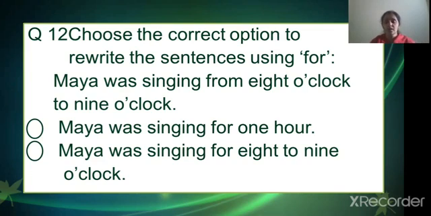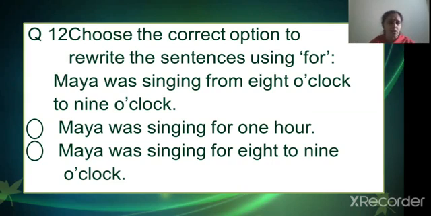So, the options are: Maya was singing for 1 hour. Right? 8 o'clock to 9 o'clock. How many hours? 1 hour. Or I'll write it as Maya was singing for 8 to 9 o'clock.